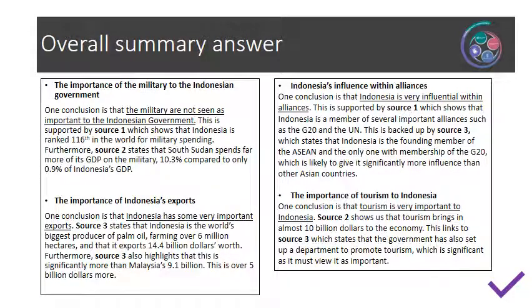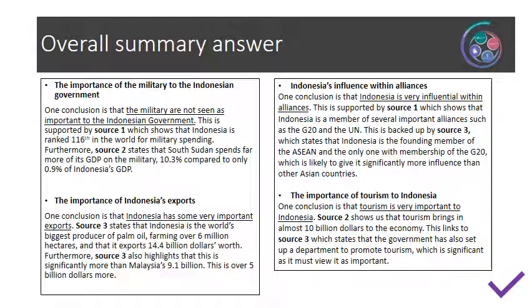Here is an overall summary answer. I would like you to make sure that you have at least copied this full example for 10 marks, and then to use this example of an overall summary to self-reflect on your understanding and knowledge of these questions. Doing this will allow you to gauge how effectively you've been able yourself to select and synthesize information if you completed the task mentioned a few minutes back.